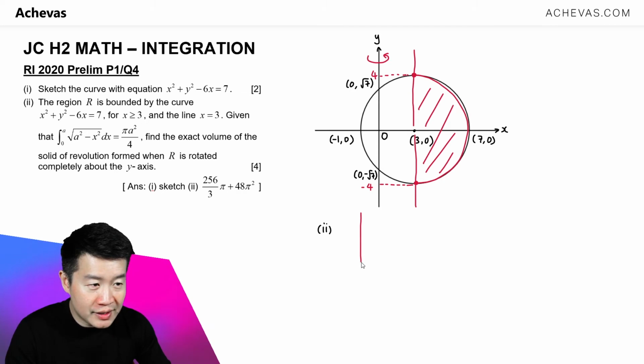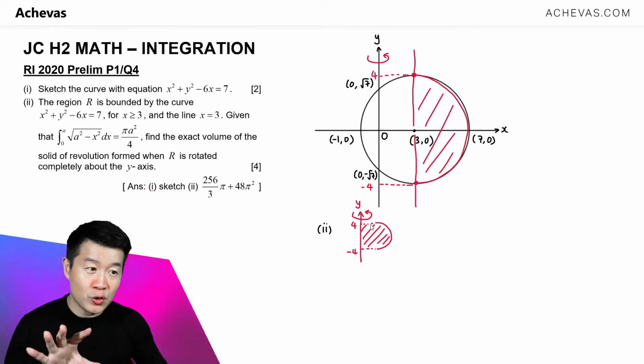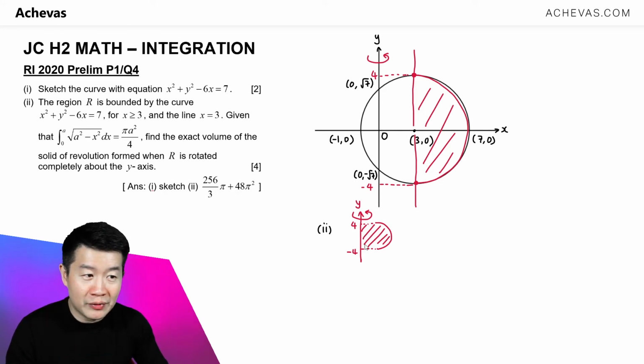So the first thing that I'm going to try to do is to take this part of the graph from minus 4 to 4, and I'll take this entire region here, rotating it about the y-axis to get me my first volume. But I know if I were to do that, I'll have this extra volume that is in the center here.